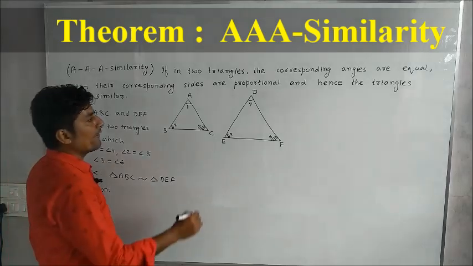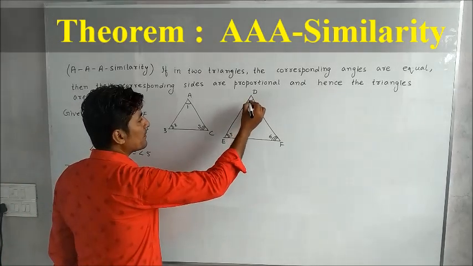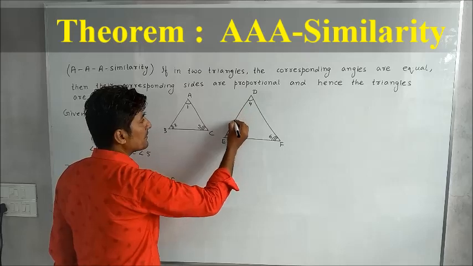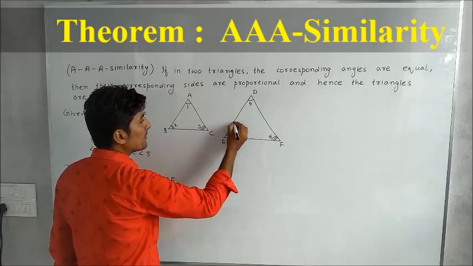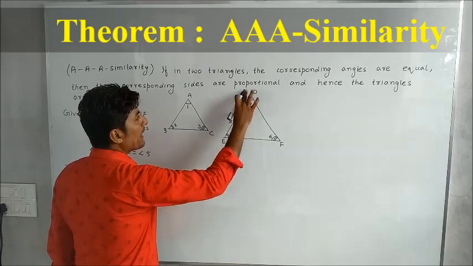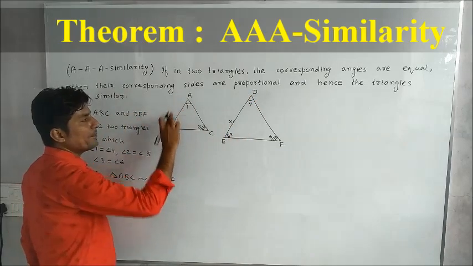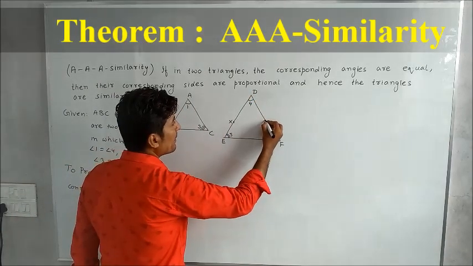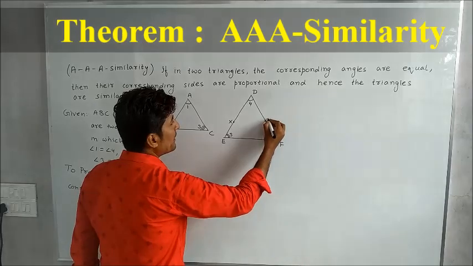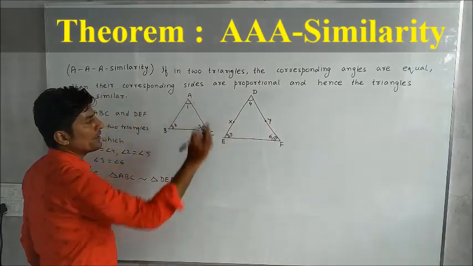In construction, we have to cut DX equal to AB and DY equal to AC.